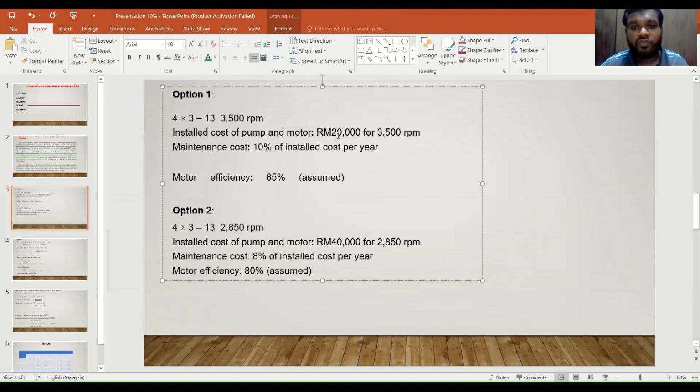We got RM 20,000 for 3,500 RPM, and we estimate the maintenance cost at 10% of the installed cost per year, and we assumed a motor efficiency of 65%. For option 2 we got 2,850 RPM, and the installed cost is RM 40,000, and we estimate the maintenance cost is 8% per year, and the motor efficiency we assume is 80%.